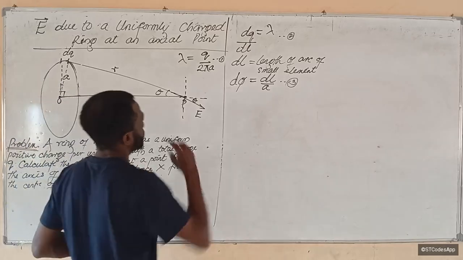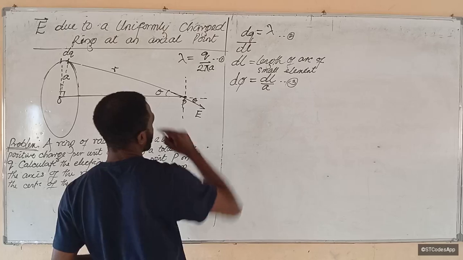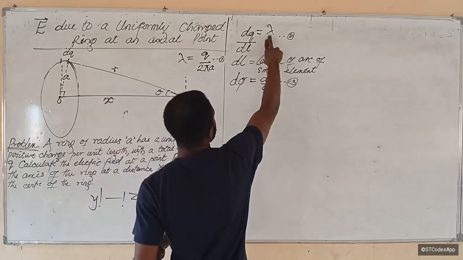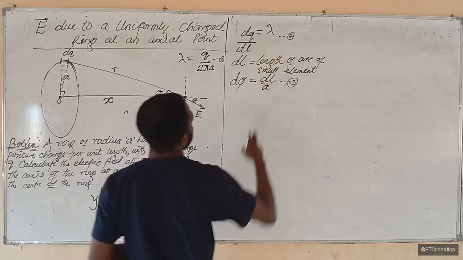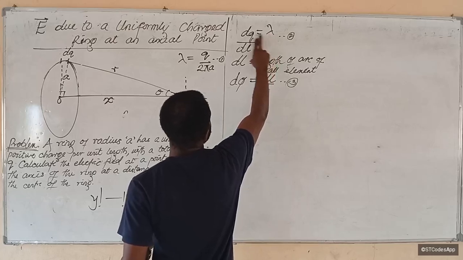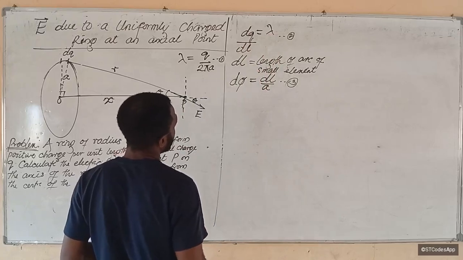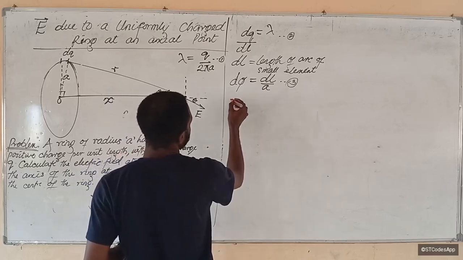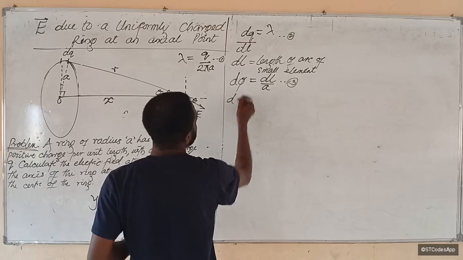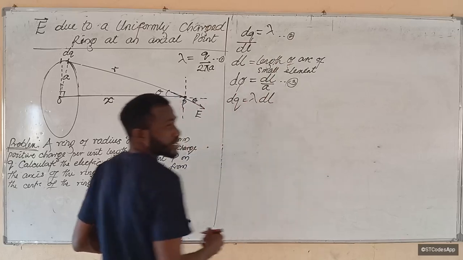Now, you know that our lambda is q over 2 pi a, yeah? And the same lambda is dq over dl. Now, we can therefore say that from equation 2, dq will be equal to lambda dl, right?